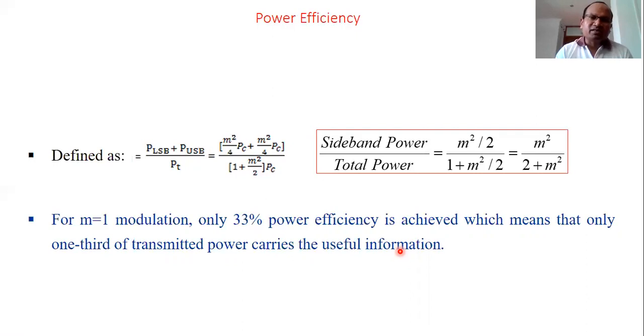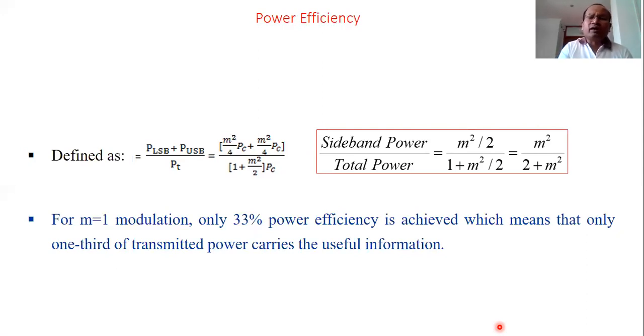And then on the basis of the amplitude modulated wave, we calculated the power terms, and then we discussed the power efficiency. The power efficiency is the term which indicates how much of the total transmitted power is utilized, or required, in the sidebands which are carrying the message signal.